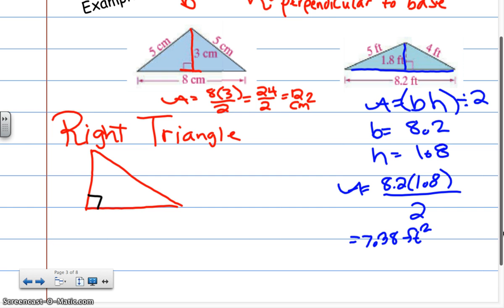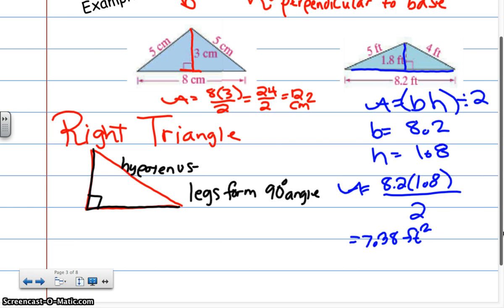It doesn't matter. They're called the legs that form the 90-degree angles. So legs form a 90-degree angle, and the side that connects the legs is called the hypotenuse of the triangle.